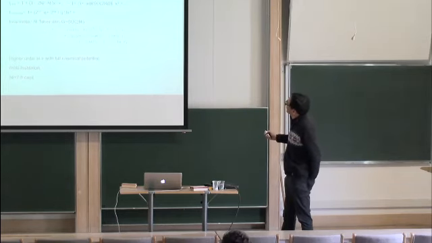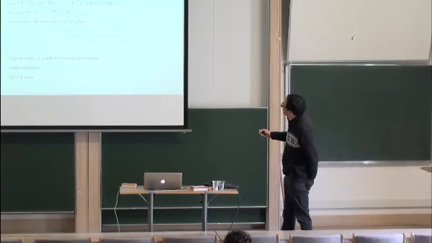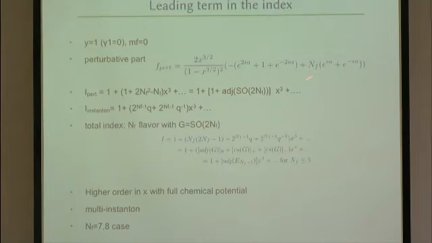And so in the leading term of the index, there's a perturbative part and the instanton part. If you look at just the x cubed term, there is 1 plus the ordinary representation of SO(2NF) times x cubed. And the instanton part, I said, comes from spinor representations with instantons and anti-instantons. Interestingly, if you look at just the leading terms, there's 1 plus this term, and they are combined into the ordinary representation of this exceptional group, E(NF+1) for NF less than 5.